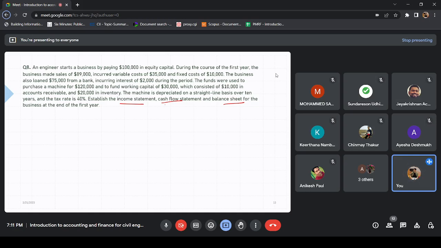A question for you guys. Is there anybody who cannot solve this question now? We did it separately, and now this question just asks us to do it combined. Does somebody have any problem in doing this?